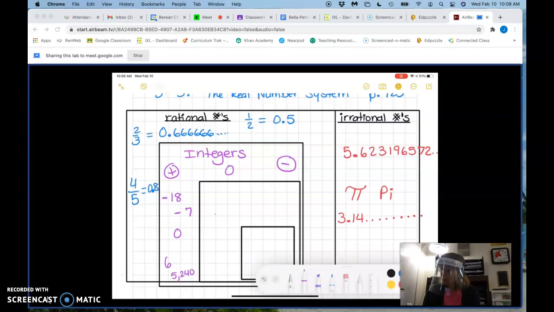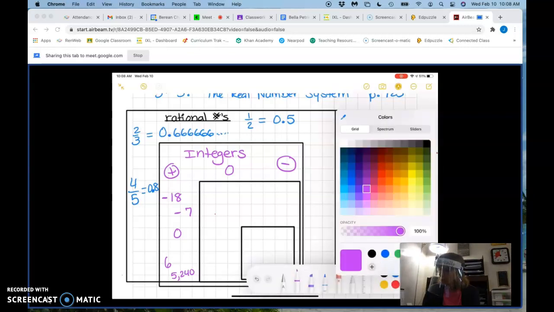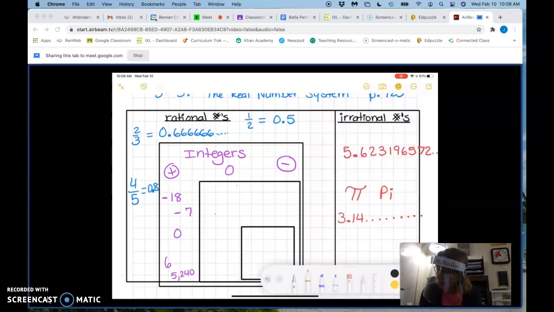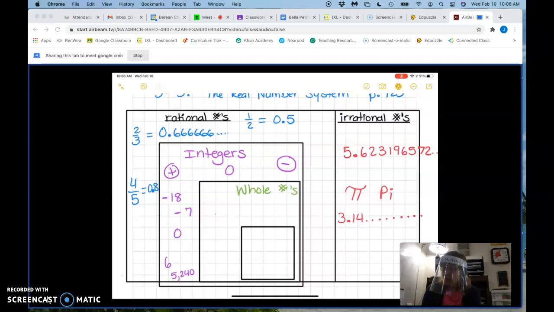My boxes are a bit off. That's okay. All right, the next one is called whole numbers. And whole numbers start with 0 and go positive. Okay, so I'm going to draw this little start with 0 and go positive. So any number 0 or positive number, not a fraction, not a decimal.